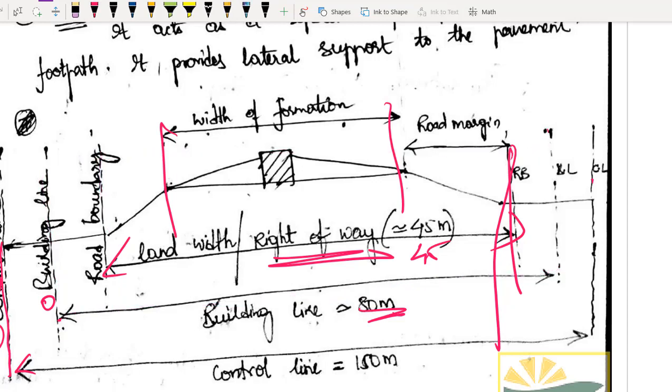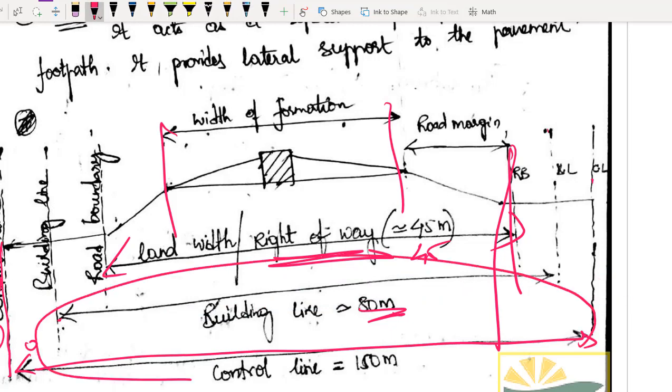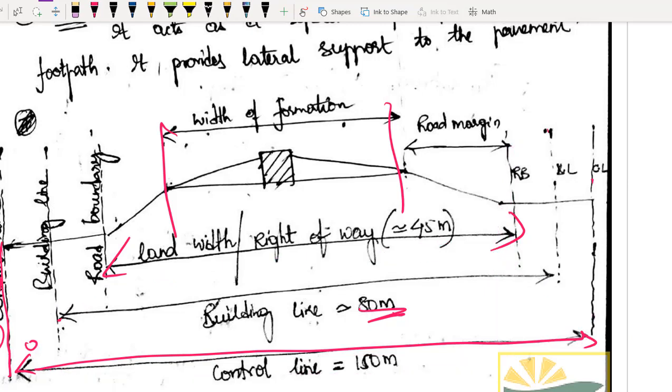Up to here you should not have any homes in between. After this building line you can have homes. And then we have control line. Control line कितना? 150 meter. Beyond control line, no problem. Up to this you have a full control of road department only. If they want to expand in future, they can definitely expand up to this. I hope concept is clear for you.